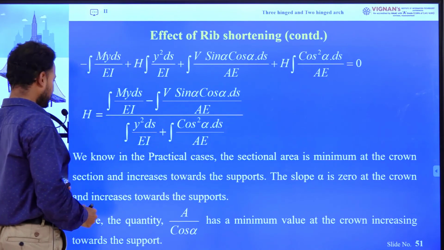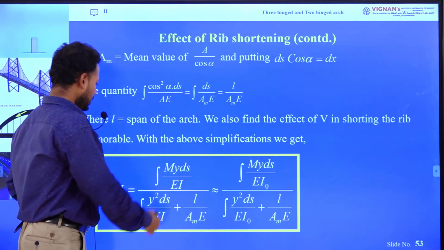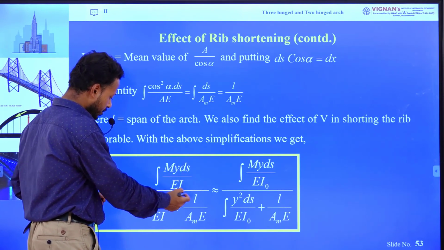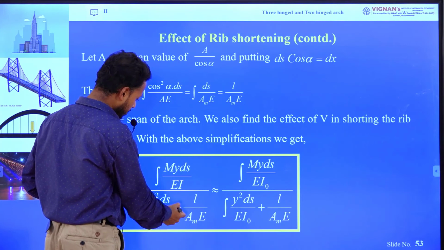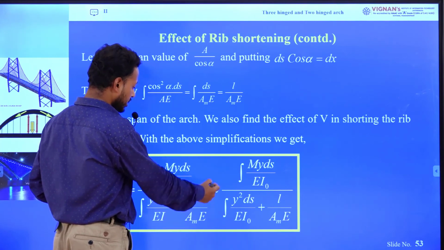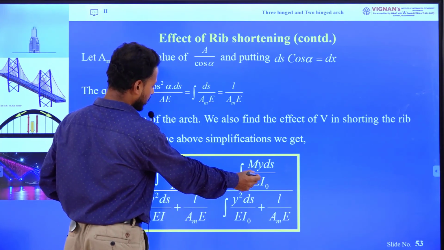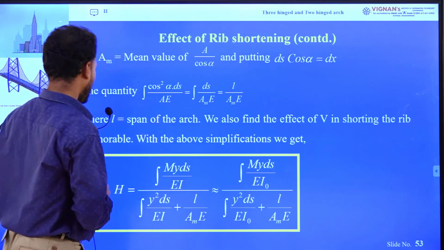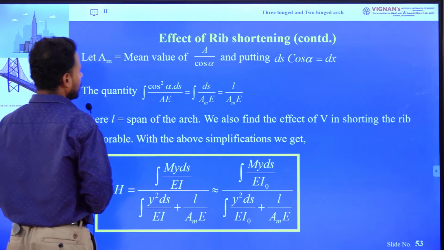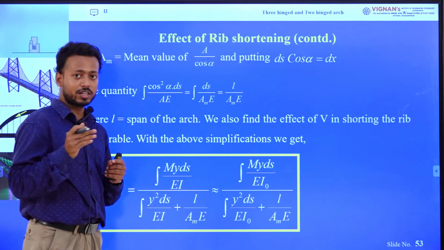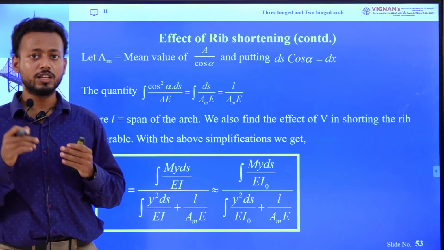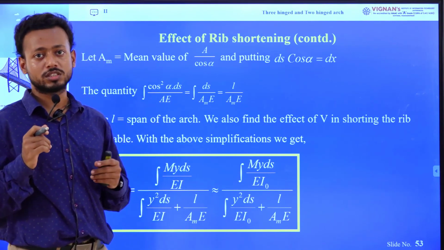So I have H equals integration My ds by EI divided by integration y square ds by EI plus L by AME, approximately, you can write EI naught, the initial moment of inertia. So I have determined the ultimate horizontal thrust after shortening of the rib due to the normal thrust.